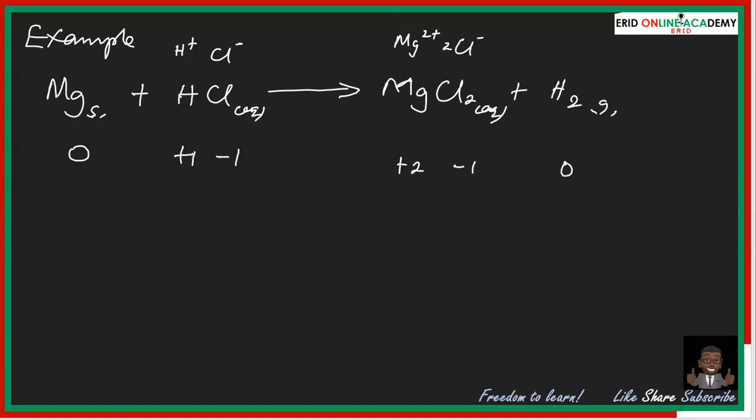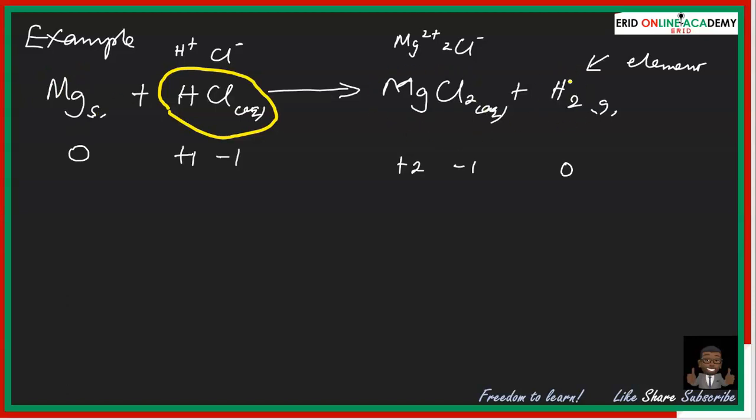Hydrogen here is 0. See, when a substance is in its element form, its oxidation number is 0. Magnesium is just magnesium, oxidation number is 0. Hydrogen here is 0. In hydrochloric acid, the sum of the oxidation numbers is 0. Everything like this is 0.